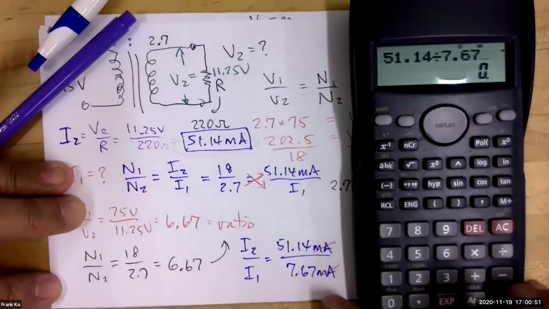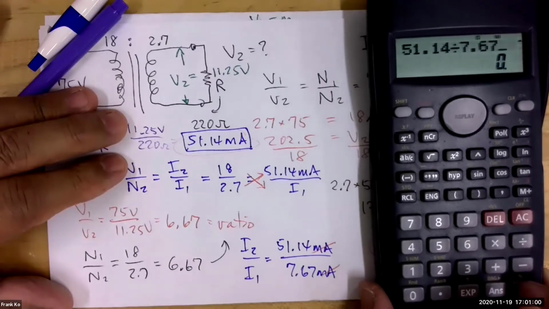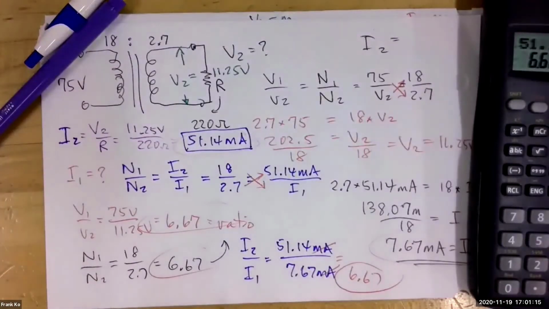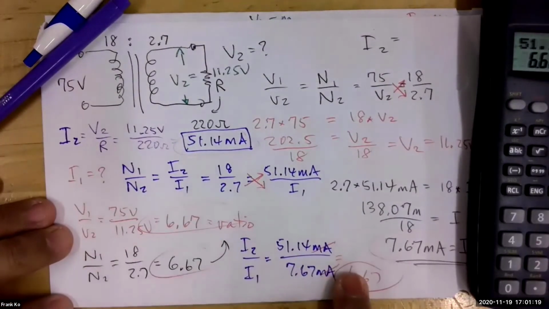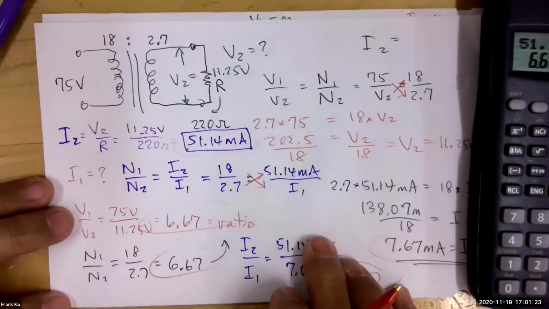And Isaac, what do you calculate? Oh, I was muted. I got 6.67. 6.67 is what we calculate. So in each one of these, the ratio is validated when we pop the ratios in to calculate a singular value. So that's how you can double check your values and feel really good about what you've got.